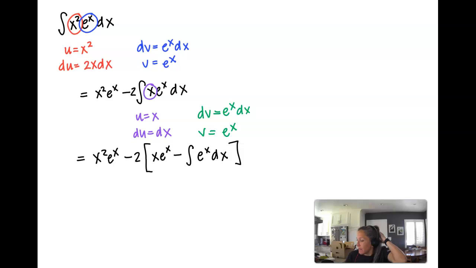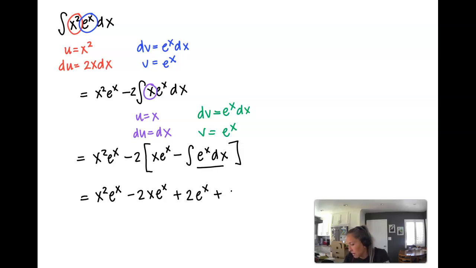Okay, and now we're at something we can actually evaluate, right? We can take the antiderivative of e to the x. That's the whole point. So we have one final step, minus 2x e to the x. A -2 times a negative is a +2 e to the x plus c.